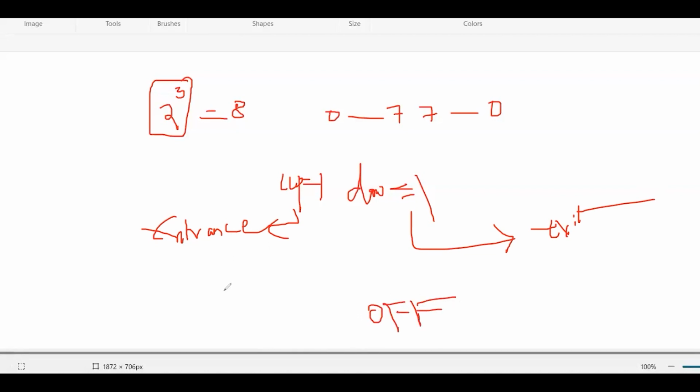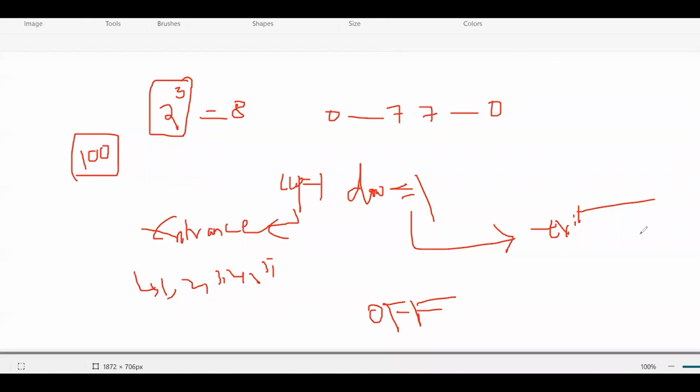If entrance is 1, the up counter means the number of people coming inside, right? If there are 100 people, the count will be incremented one by one: one person, 2, 3, 4, 5, 6. So some value of the counter we can put at the entrance so that it increments the count based on the number of people entering the room.